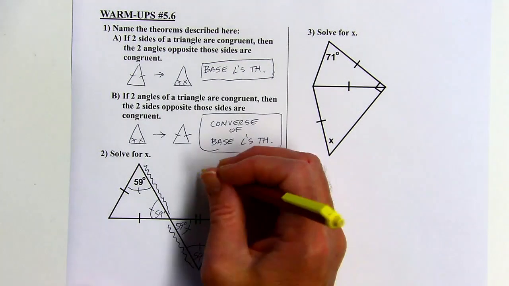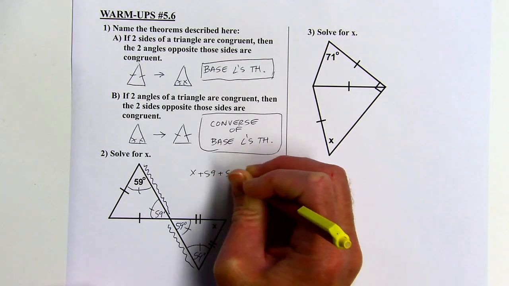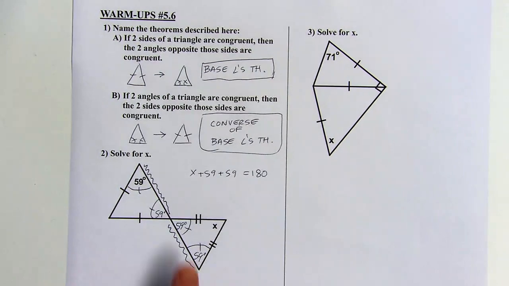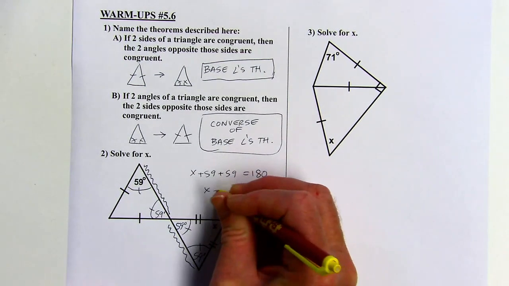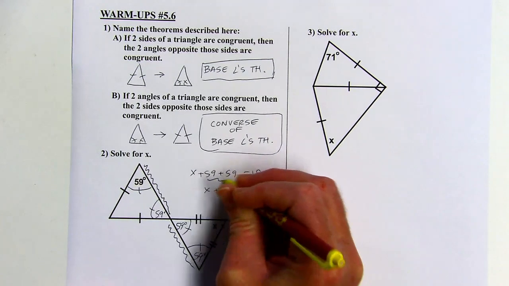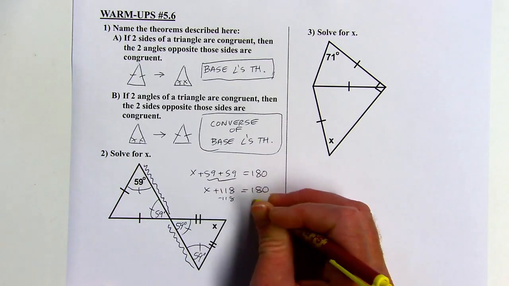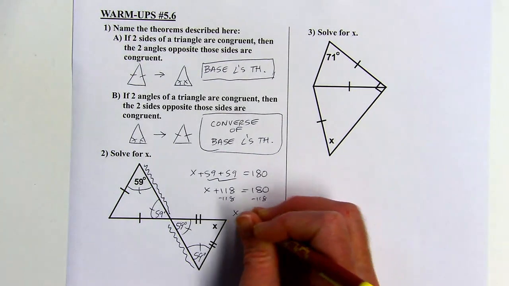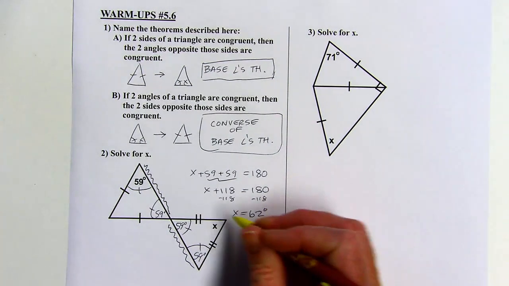So x plus 59 plus 59 equals 180, because the three angles in a triangle add up to 180 degrees. So I combine those. Now I'm going to subtract 118 from both sides. And I've got 62. So x equals 62. And this is 62 degrees, the measure of that angle there.